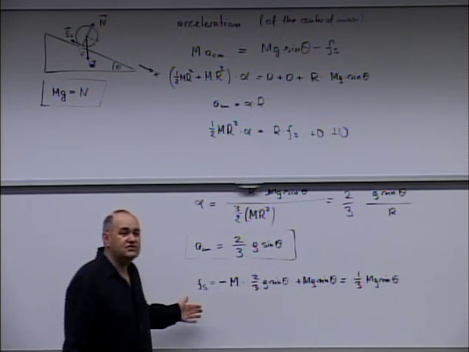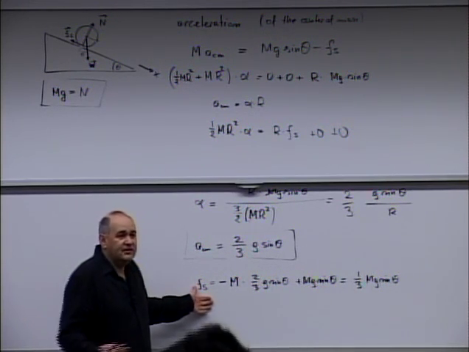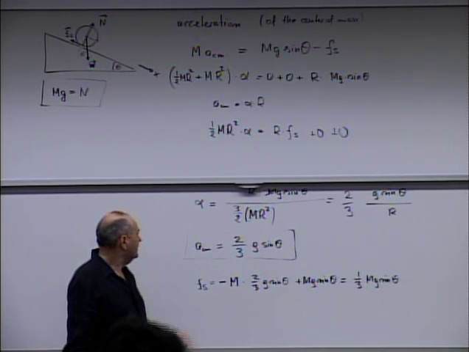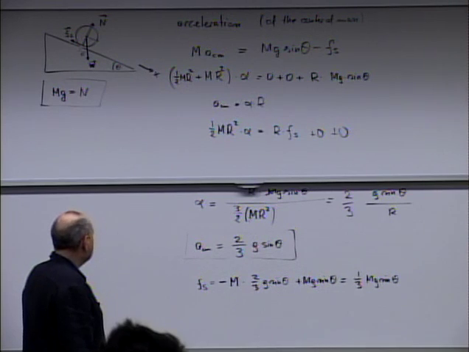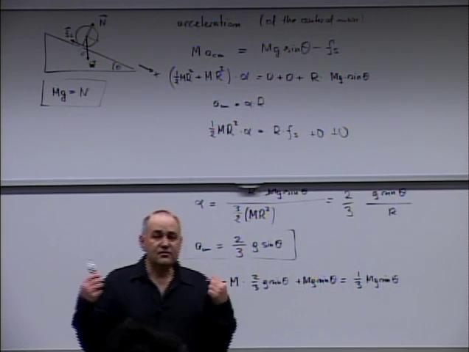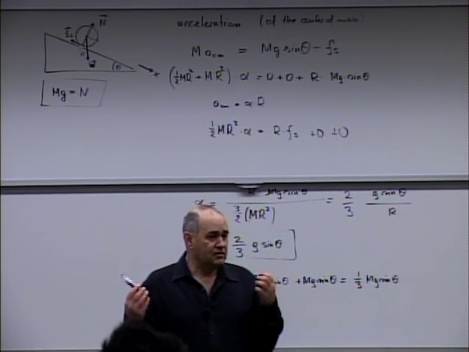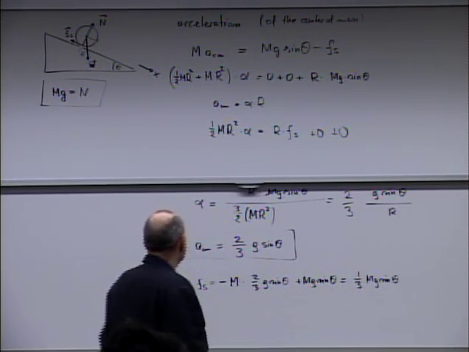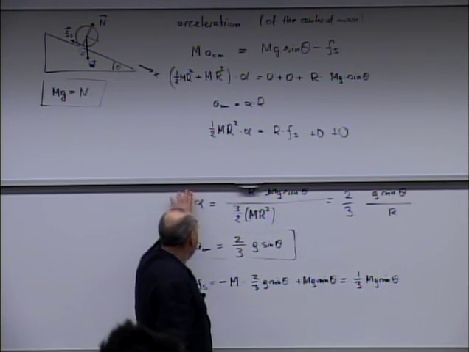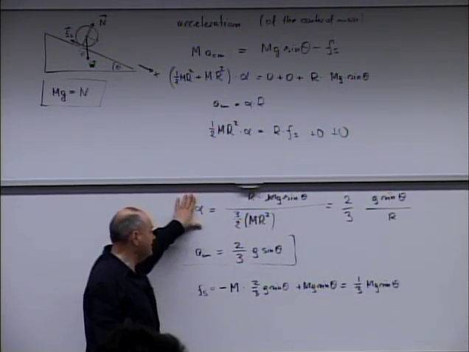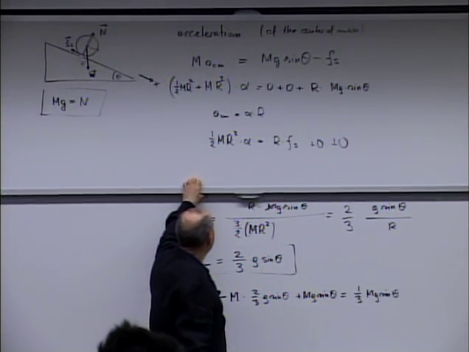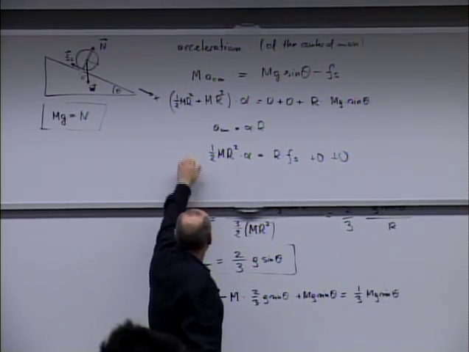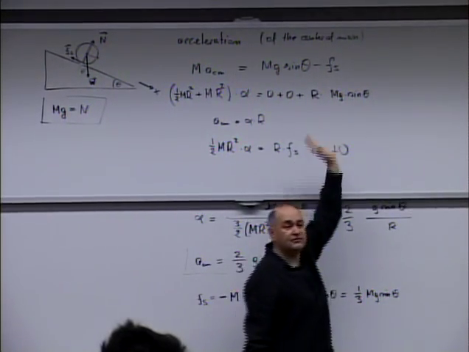But it is also interesting to recognize what is the frictional force exerted by the ramp, and what is the angular acceleration. And if you think about the solution, it is not a unique solution. Really, I found this angular acceleration using this version of Newton's second law.